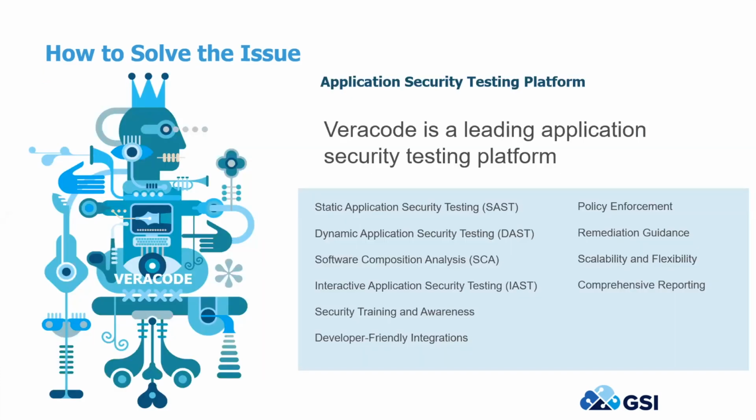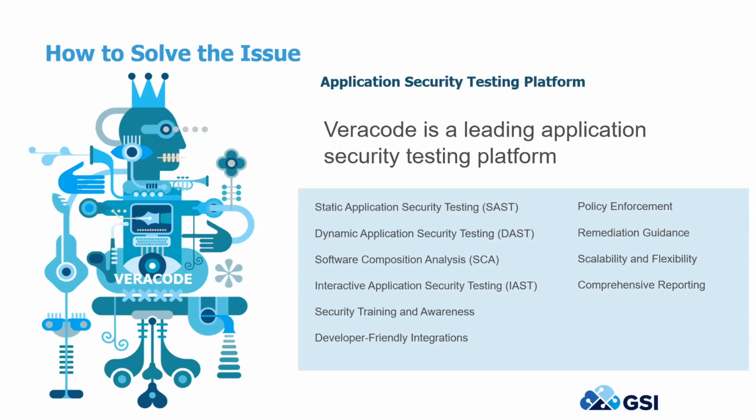So we brought our friends in from Veracode, and most of the things that I've discussed, they can help us with. They're going to give us an overview, and then they're going to show us how the software actually works. It can do security testing, dynamic application security testing.